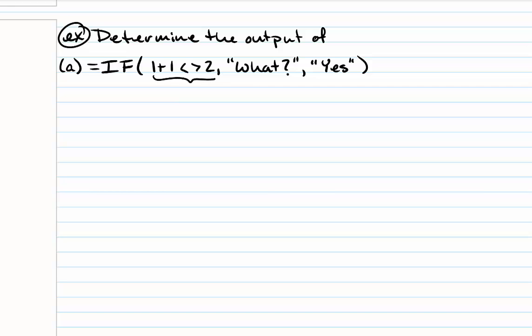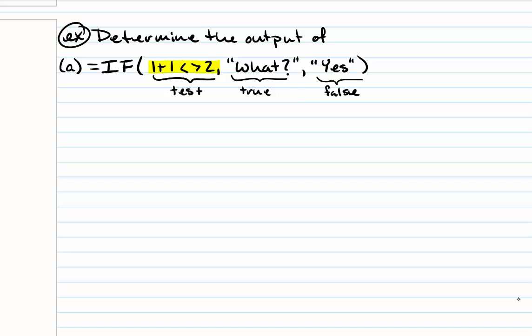So this is what it's testing. If that turns out to be true, then it returns what? If what we test turns out to be false, then it returns the word yes. You always have to put words in quotations, but you don't have to put numbers in quotations.